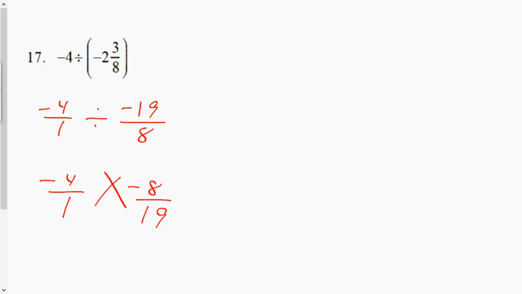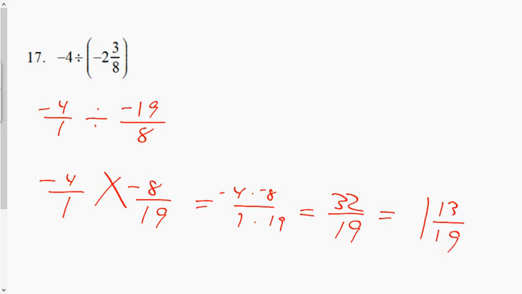Notice I'm keeping my negative sign in the numerator because it works out easier, because a negative times a negative is going to give me a positive. Multiply your numerators, over multiply your denominators. You get positive 32 over 19, which is your final answer, but it's improper, so you're going to change that back to mixed, which is 1 and 13/19.